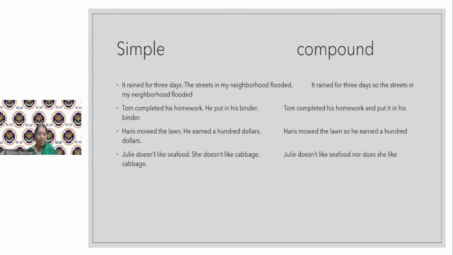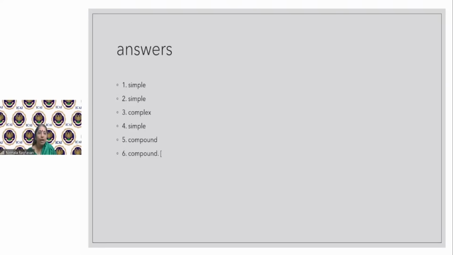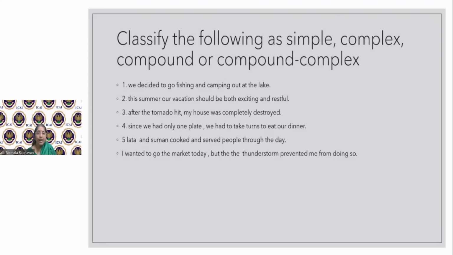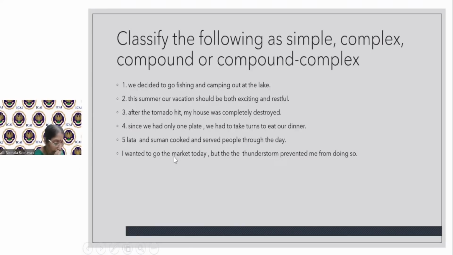You're asking me why is the fourth sentence a simple sentence? Since we had only one plate, we had to take turns to eat our dinner. There is one main clause, but "since we had only one plate" is not complex because you have a comma there that defines it.